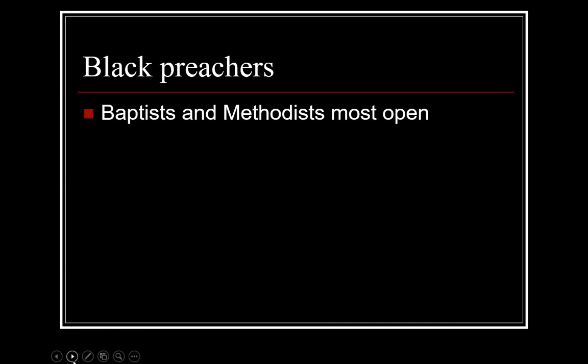The Baptists and the Methodists were the most open to black preachers, and even some of these individuals were open to black preachers preaching to unconverted whites, that it wasn't just black preachers preaching to other blacks. There were cases of even preachers preaching to whites.